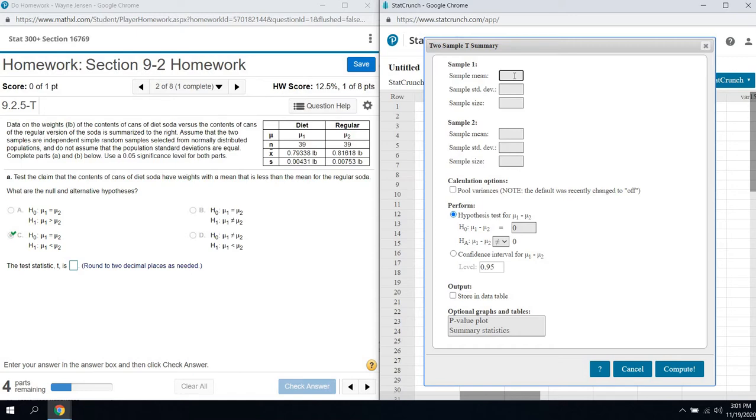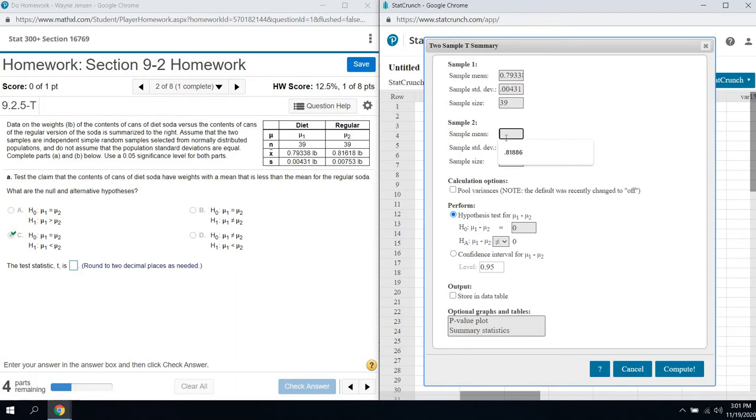Box number 1 for StatCrunch is the sample mean for the first sample, which is this first column here, and we type it all in, 0.779338. And I don't think you have to do the 0 point. Standard deviation is 0.00431, and the sample size is 39. Sample 2.